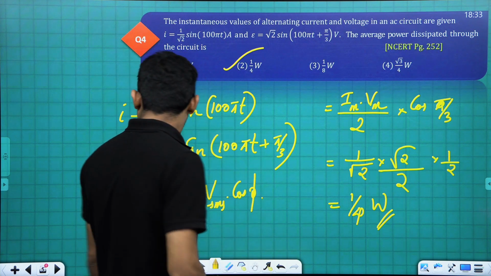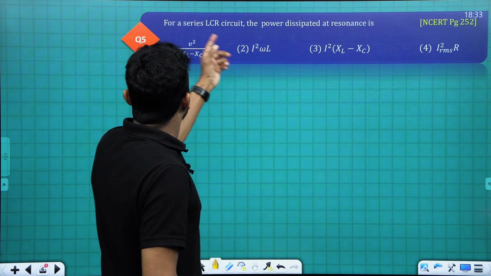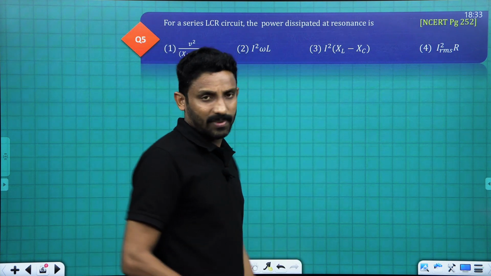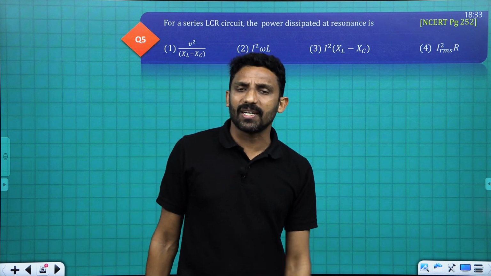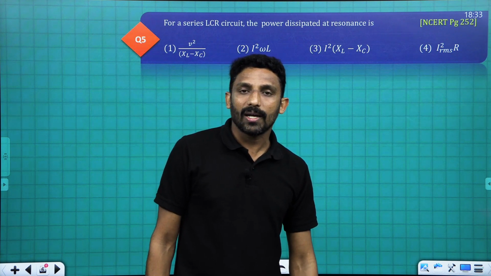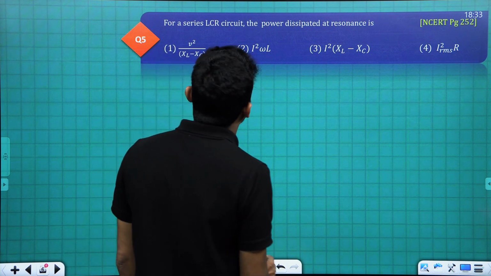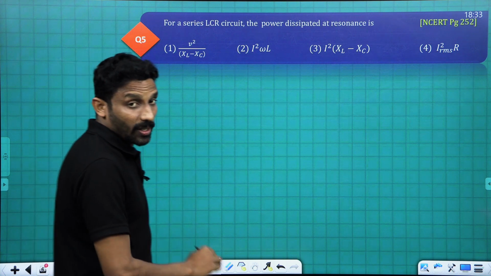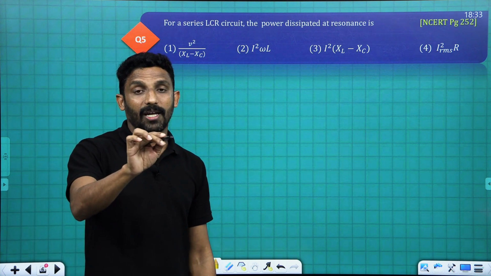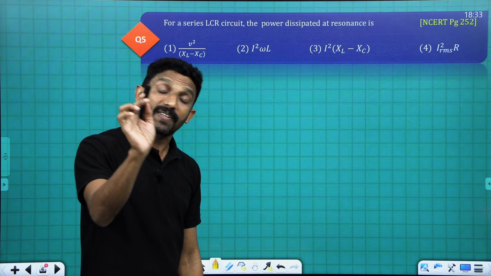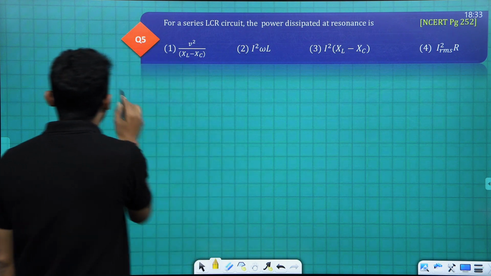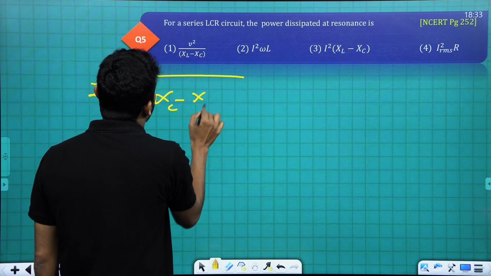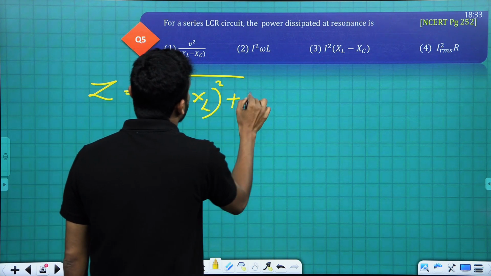Clear? Yes. Next one, for a series LCR circuit, the power dissipated at resonance is, see, the maximum power is dissipated at resonance. At resonance, what will be the impedance of the circuit? The impedance of the circuit will be minimum and it will be the resistance R. We have the impedance of an LCR circuit as root of (XC minus XL) the square plus R square.